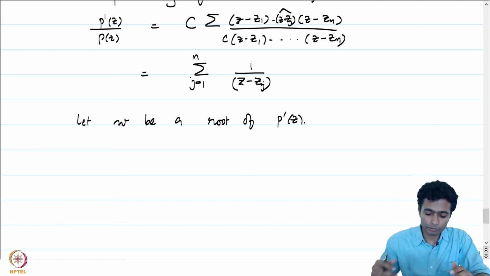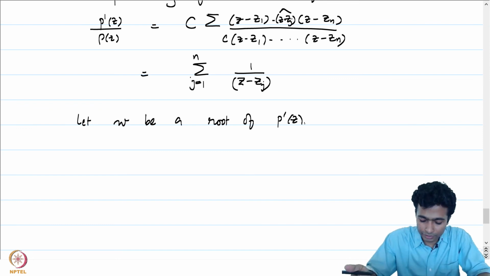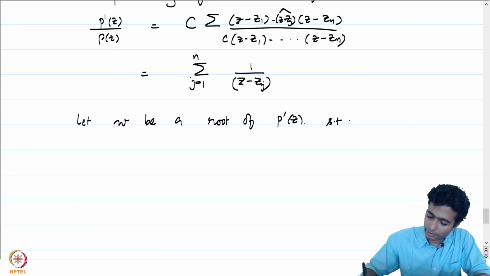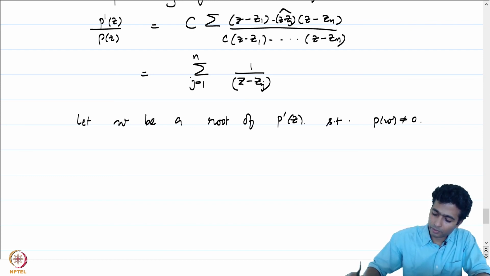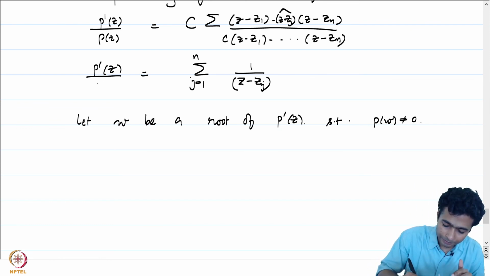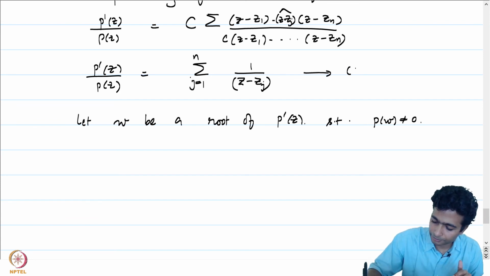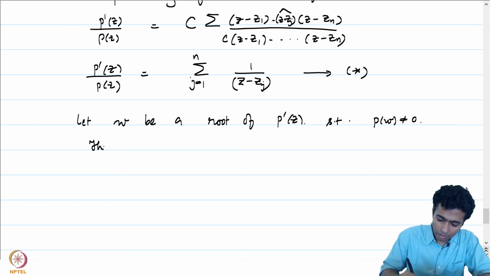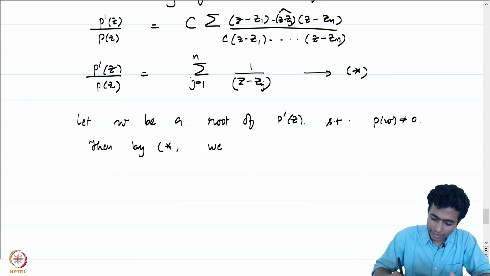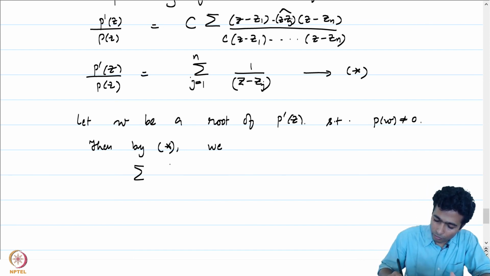So let's assume that w is not a root of P of z, such that P of w is not equal to 0. Then, if we plug it into this equation, let me call this star, by star we have P prime of w is 0, P of w is not equal to 0, and therefore the summation of 1 by (w - zj) is equal to 0.